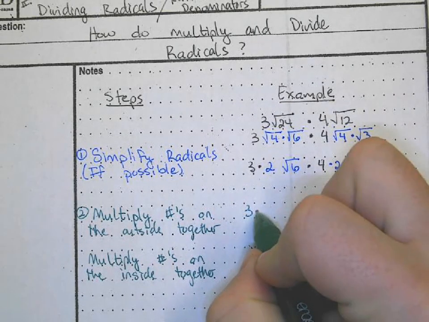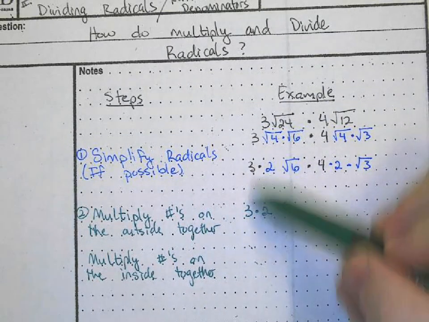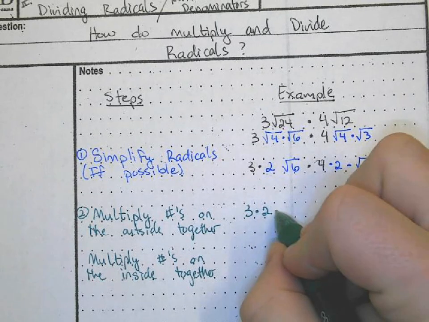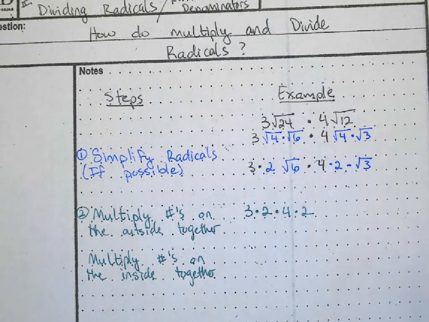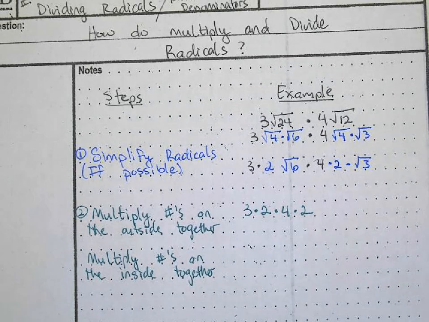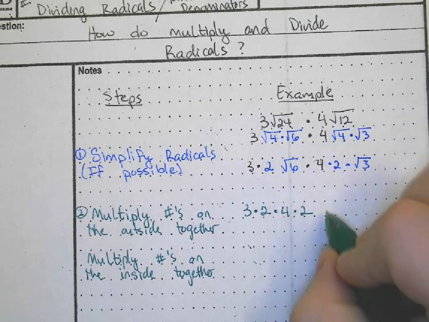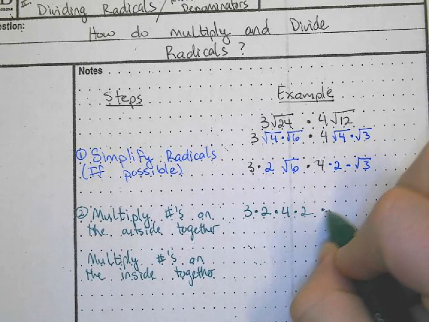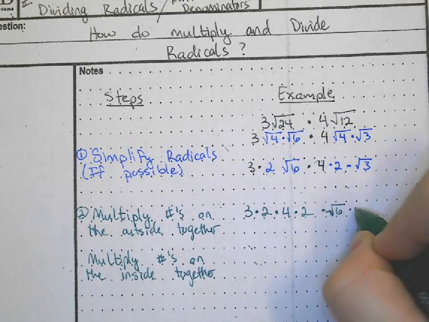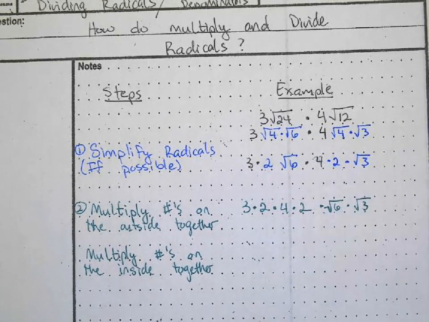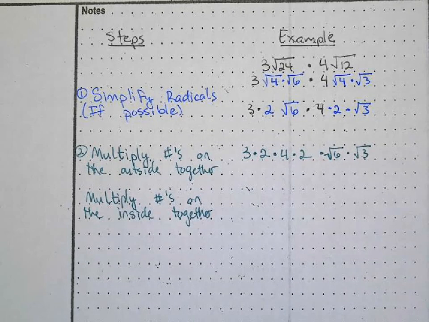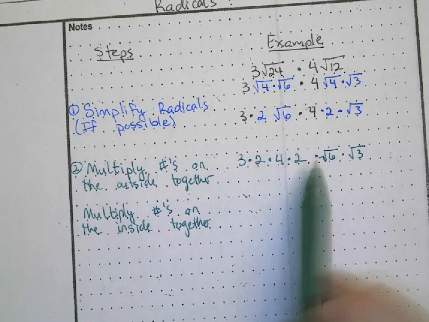So I'm going to go 3 times 2, that's coming down like that, times 4 times 2. And then I can bring my radicals and say, well, then I'm going to multiply root 6 times root 3. So we're going to multiply the numbers on the outside together.